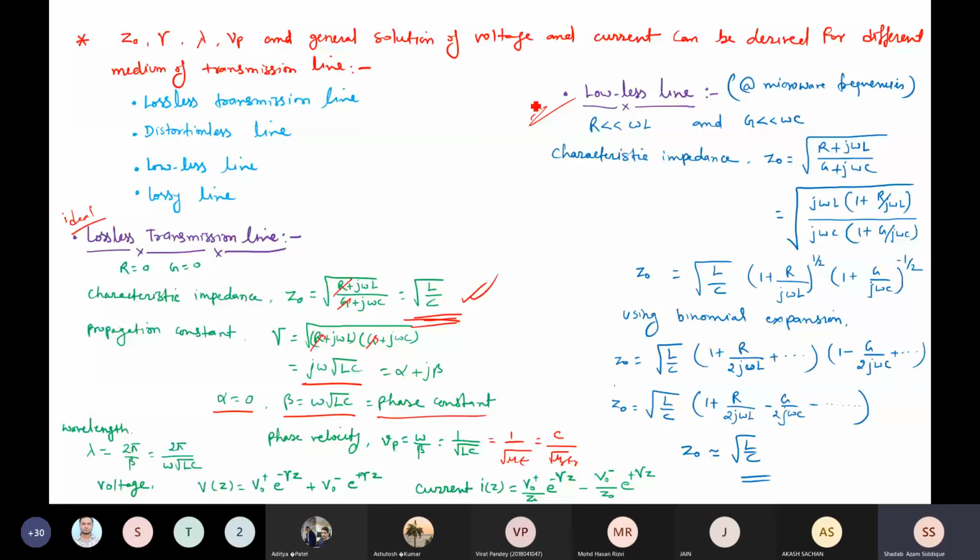Now we have a practical line, a practical transmission line. Practically it is a low loss transmission line, or at microwave frequencies these are the possible cases.